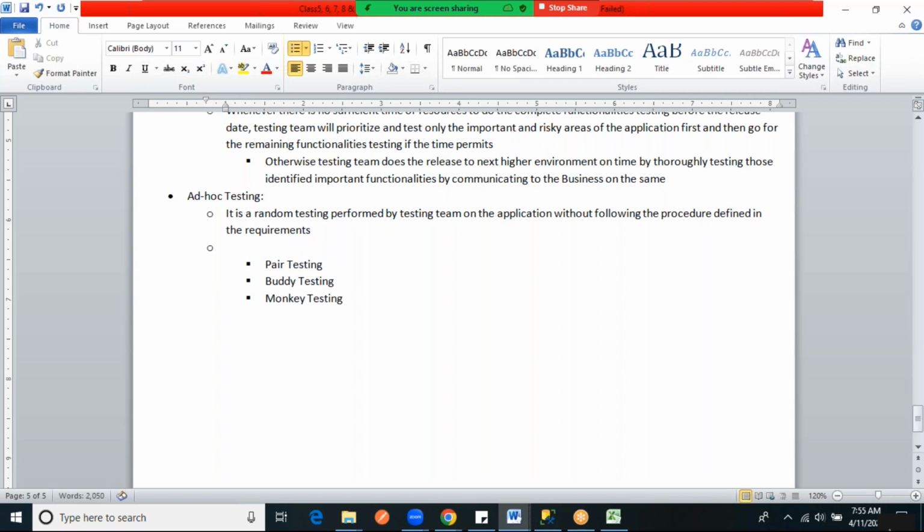What is the purpose? The major purpose of this testing is to break the application.